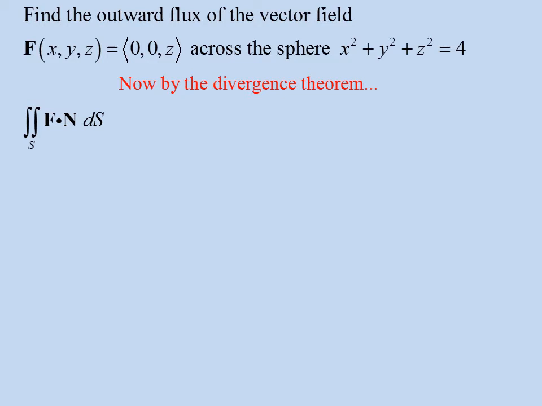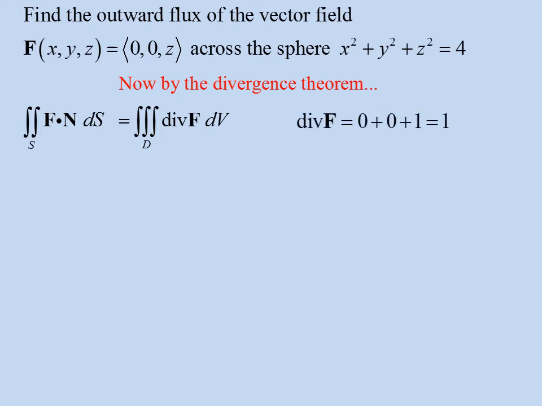Now the idea, of course, is the divergence theorem says instead of doing the process we just did, we could do the triple integral of the divergence of F if we can just describe the volume of the solid.